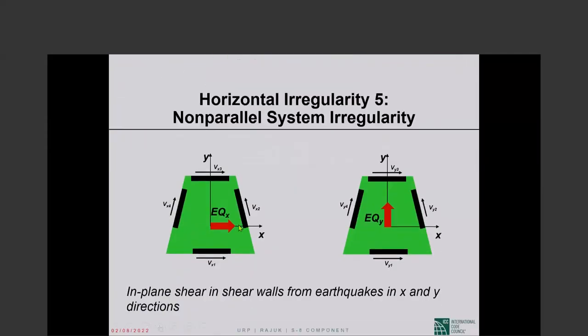This is earthquake in X direction, causes V sub X in wall 1, V sub X in wall 2, V sub X in wall 3, V sub X in wall 4. Those are shear forces in the walls. The Y earthquake causes V sub Y1 in wall 1, V sub Y2 in wall 2, V sub Y3 in wall 3, V sub Y4 in wall 4.